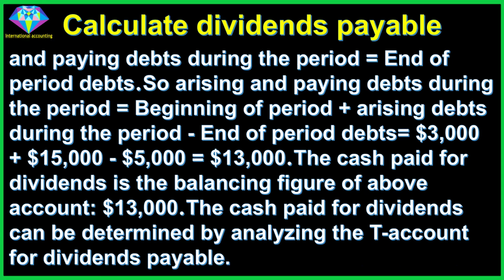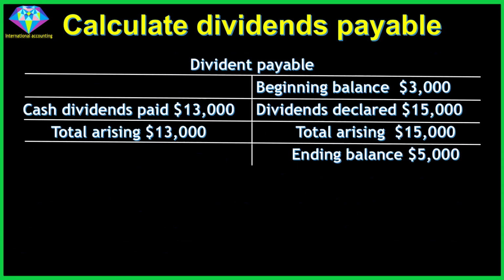$13,000. The cash paid for dividends can be determined by analyzing the T account for dividends payable. This is the T account of dividends payable. The balance is on the credit side. Beginning balance $3,000. The credit side has dividends declared $15,000, ending balance $5,000.